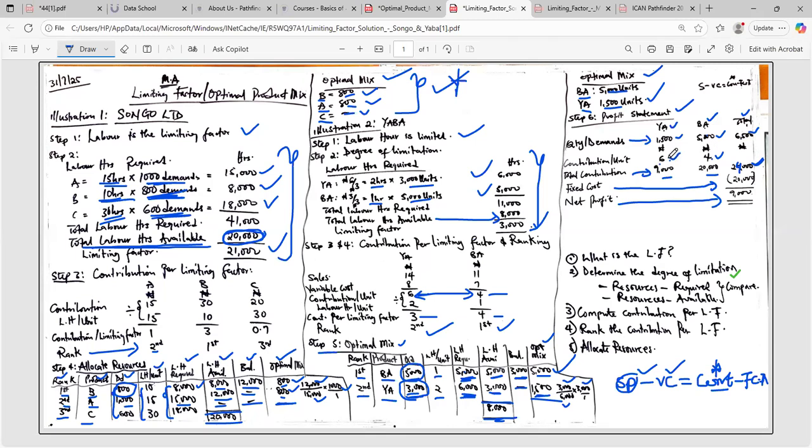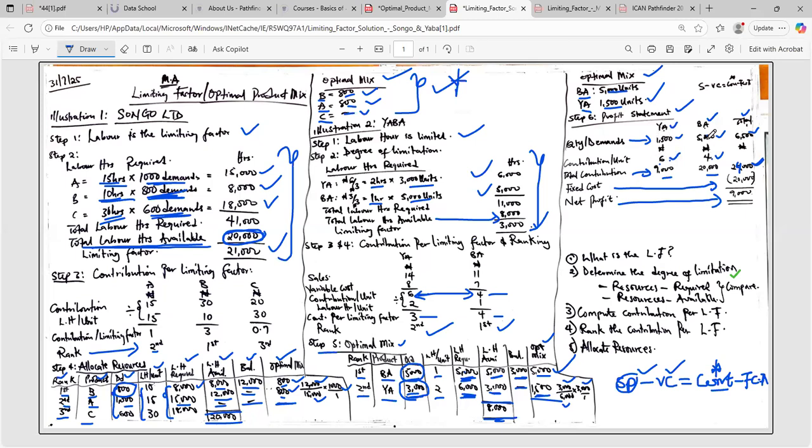The reason why I am multiplying my contribution with my quantity is because this fixed cost is in total. If I had used 6 plus 4, I will get 10. How will I now say 10 minus 20,000? That doesn't make sense. 20,000 is total. This 10 that I got is per unit. So I need to multiply the per unit with my total quantity.